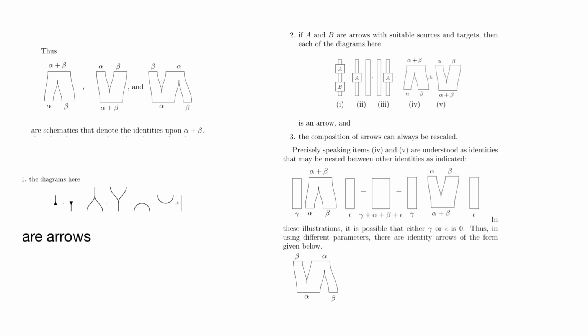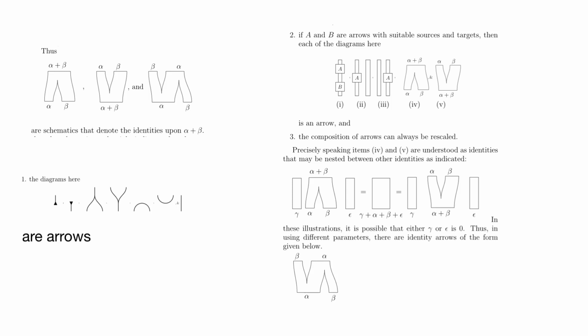In the Frobenius algebra, we also want to have arrows, which are unit, co-unit, multiplication, co-multiplication, pairing, co-pairing, and identity. And if A and B are arrows with suitable sources and targets, then we can compose A over B. We can take a tensor product of A with an identity either on the left or right, and we can express the identities as in expressions 4 and 5.